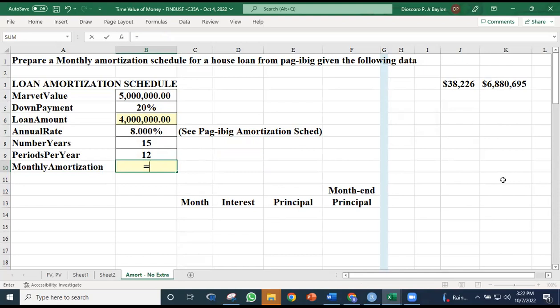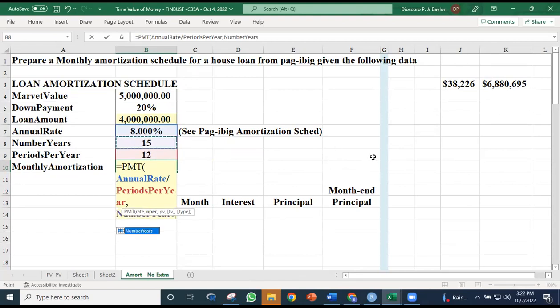Okay, so again, we use the PMT function. The rate is your annual rate divided by your periods per year, comma. Then NPER will be number of years multiplied by periods per year.